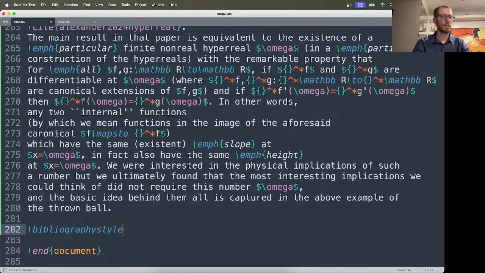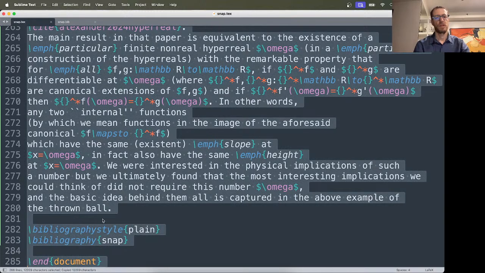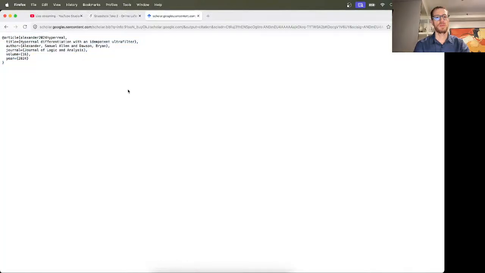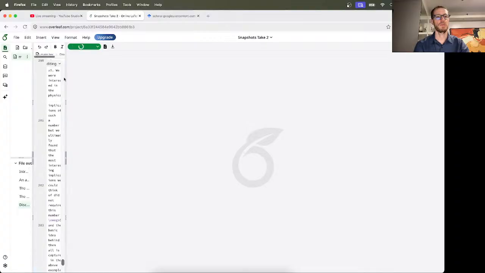Bibliography style plain, bibliography snap. Let's try compiling now. We're going to have to upload snap.bib.